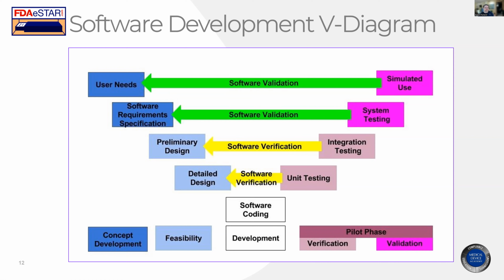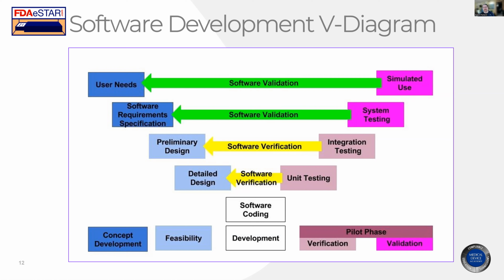Or maybe the design of the different modules and how they interact with one another, how they communicate, that might be the problem. And then you get to system testing and then simulated use. And you might be doing all your original testing on a sandbox and then actually do it on the final hardware that you're going to be doing. Or if you're doing software as a medical device for a cloud-based system, it could be on different browsers and different hardware and different types of connections.